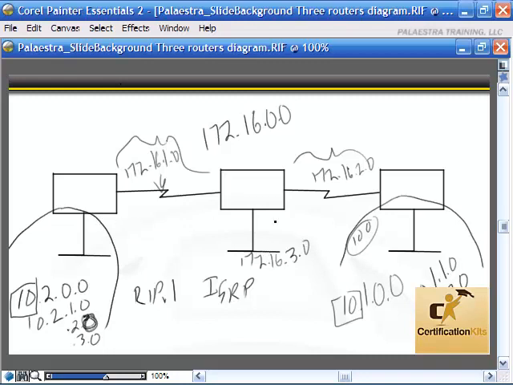So the 10 network is separated by the 172.16 network. That is what discontiguous means. It means it's not all next to each other. So there's part of the 10 network over here, part of the 10 network over here, separated by the 172.16.0.0 network.